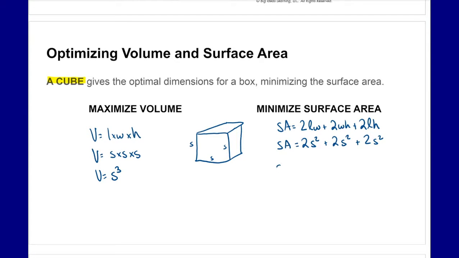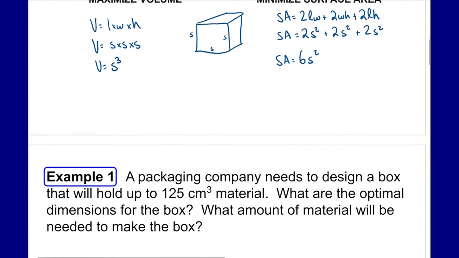We can simplify this to 6 times s squared. So this is a simplified version of our volume and surface area for a cube, which gives us the maximum volume and the minimum surface area. We're going to use this to help us answer some questions.